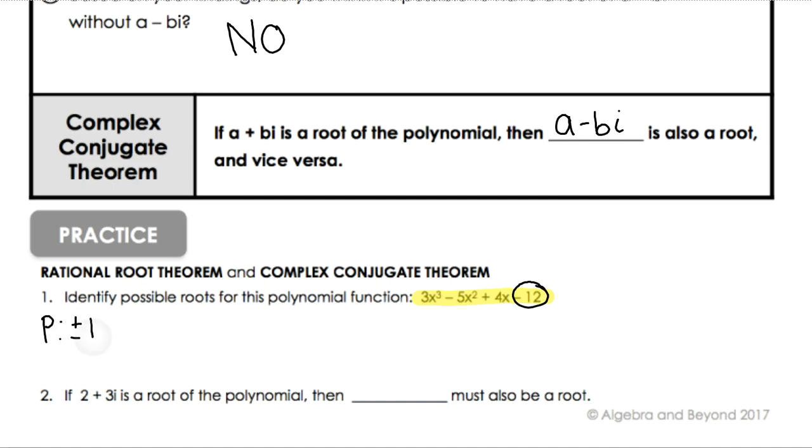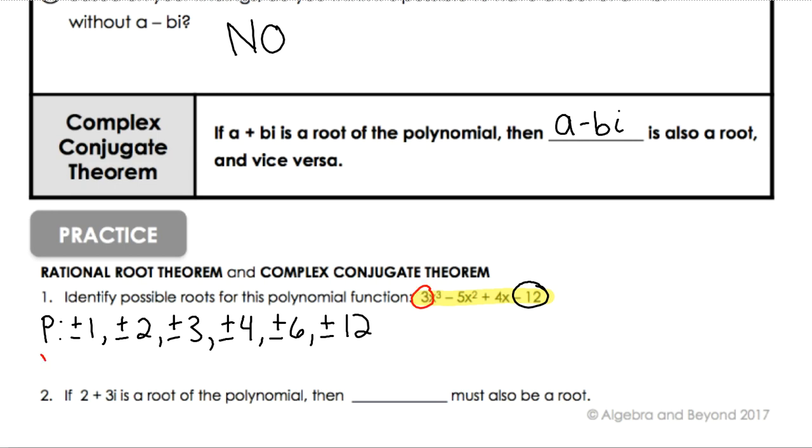We would have plus or minus 1, plus or minus 2, plus or minus 3, plus or minus 4. 5 does not go into 12, but 6 does. 7 does not, 8 does not, 9, 10, 11, but 12 does. So those are all the possible p values, the factors of 12.